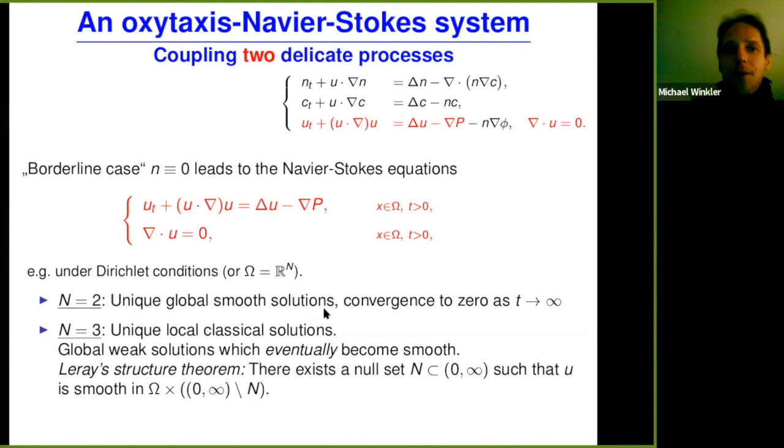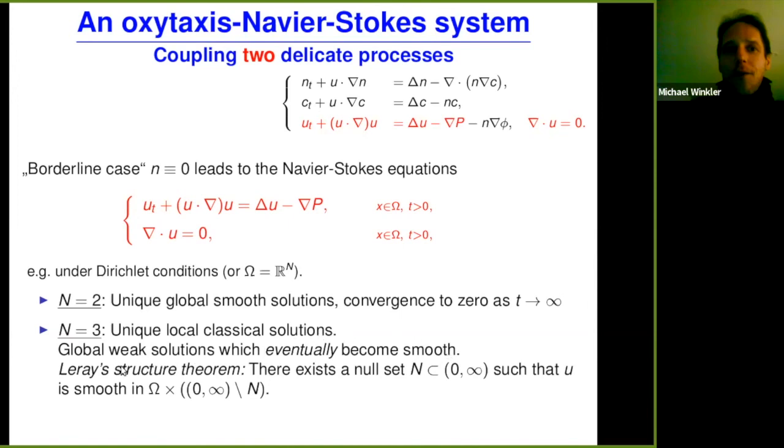The solutions are smooth. They converge to zero, without source in the Navier-Stokes. And in the 3D case, you have unique local solutions, which is not so striking, but you have global solutions. Since almost 100 years, you know there are global weak solutions, and they are eventually smooth, but you don't know how regular they are. And this is the open $1 million question.